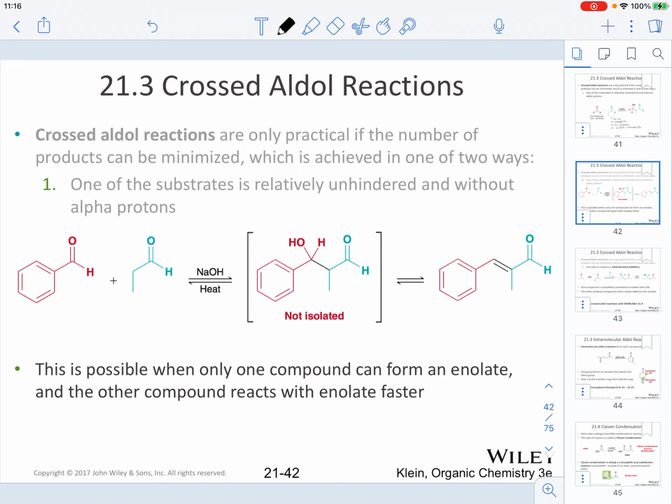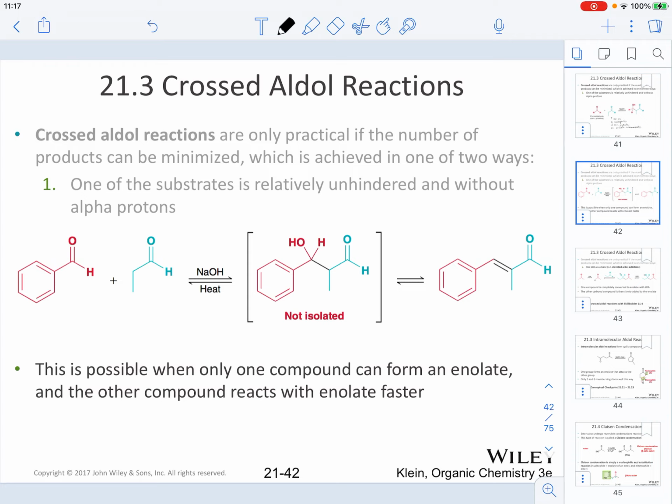So, as I mentioned before, when this is allowed, and as you can see here, we have benzaldehyde and propanal reacting with one another. Understand that having only one aldehyde with no alpha protons is going to allow the one that has alpha protons to create an enolate, and they will be able to react faster.